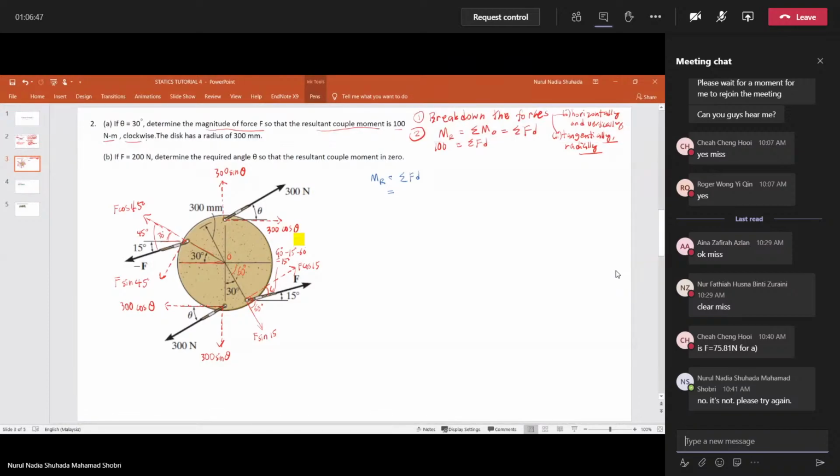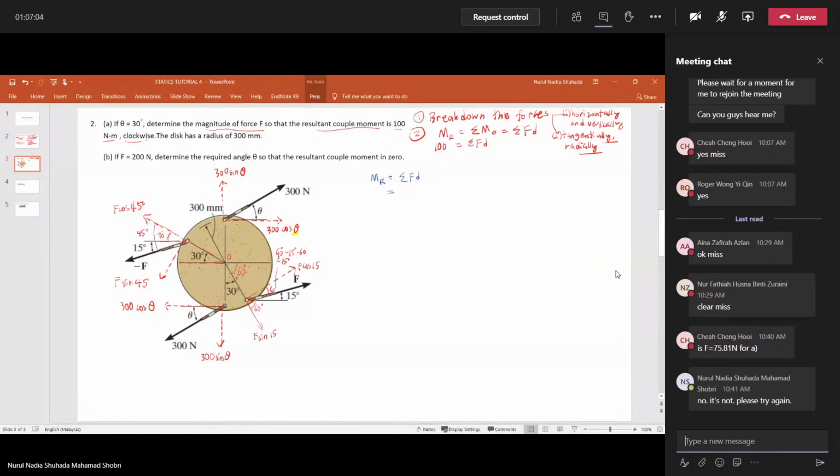There are actually many forces here, but which forces can we put into our calculation? You have to choose carefully.